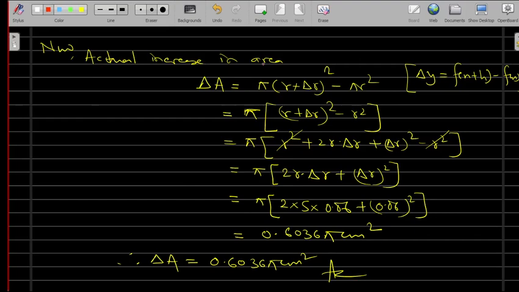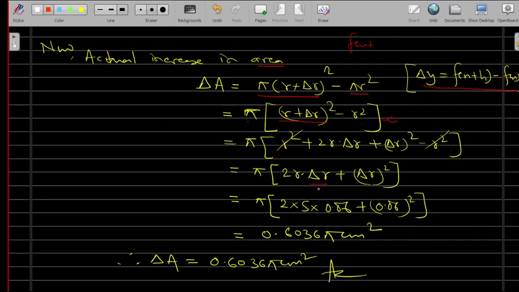The actual increase in area, that is ΔA, equals f(x+h) minus f(x). So this is π(r+Δr)² minus πr². Pi is common, so (r+Δr)² minus r². Expanding this using (a+b)², the r² cancels, giving π(2rΔr + Δr²).